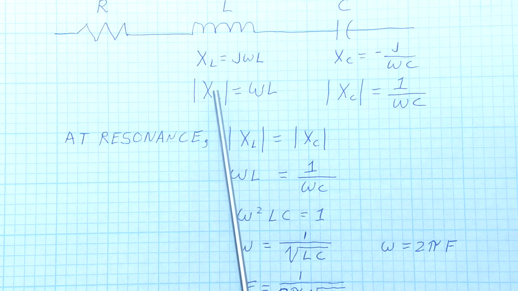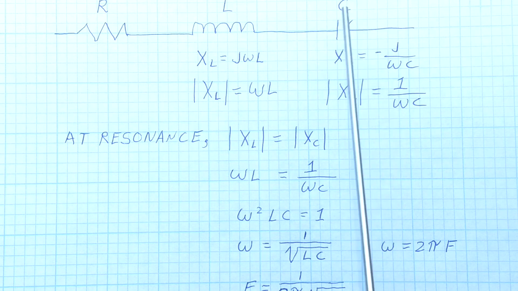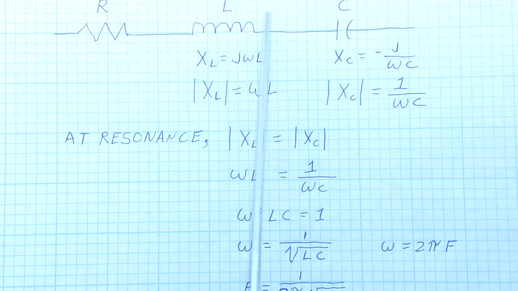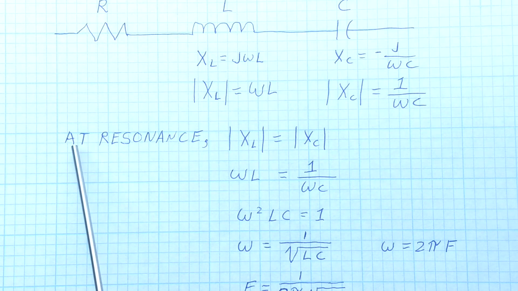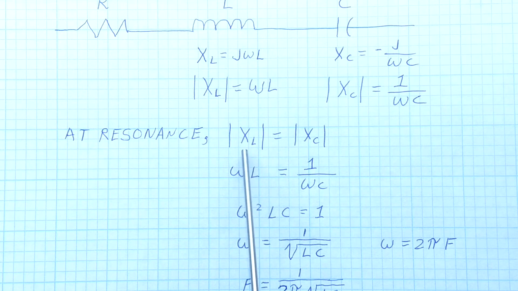Now, when these two reactances are equal and actually cancel out in the circuit, we call that resonance. And at resonance, the magnitude of inductive reactance is equal to the magnitude of the capacitive reactance.